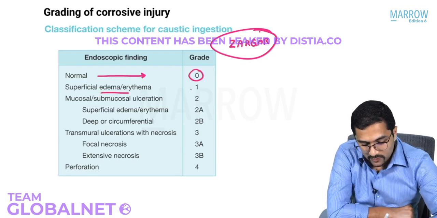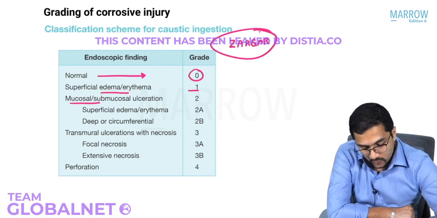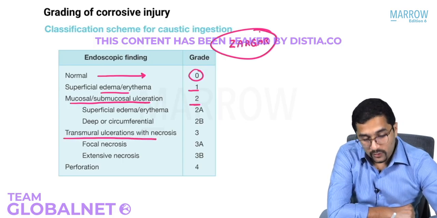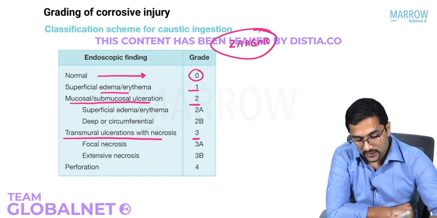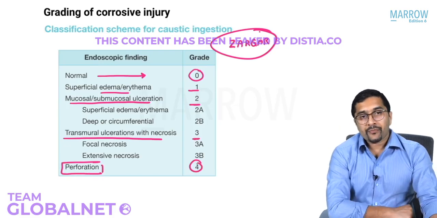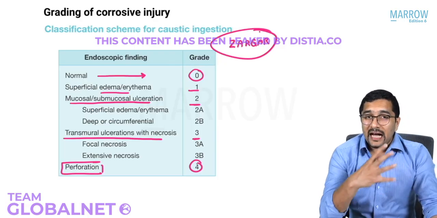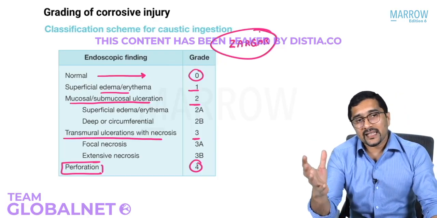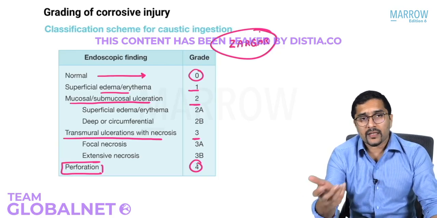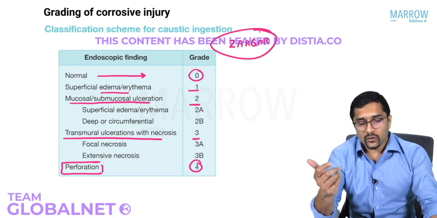Superficial edema or erythema is grade 1. If there's mucosal or submucosal ulceration, it is grade 2. If there's transmural ulceration with necrosis, it is grade 3, and a perforation is grade 4. Those preparing for the INI CET exam and the SS exams should know the details. Otherwise, for the NEET PG exam, just remember that Zargar grading is there for corrosive injuries. That is enough.